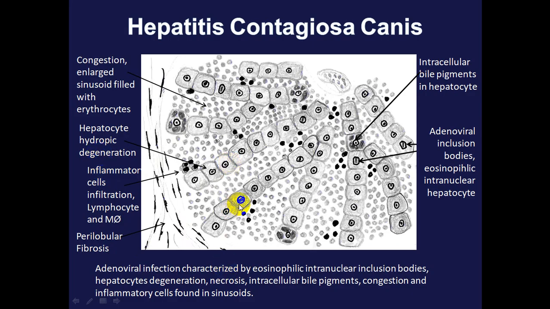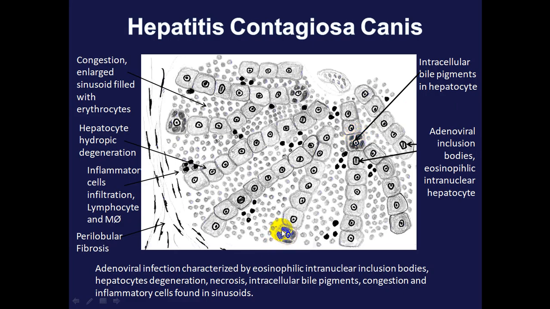And then the main lesion is formations of inclusion bodies, adenoviral inclusion bodies, okay, inside the nuclei, or intranuclear inclusion bodies. Okay, the inclusion bodies have a red color. And then because this is a chronic inflammation, and there is also some disturbance in the functions of liver, there will be intracellular bile pigment within the hepatocytes.